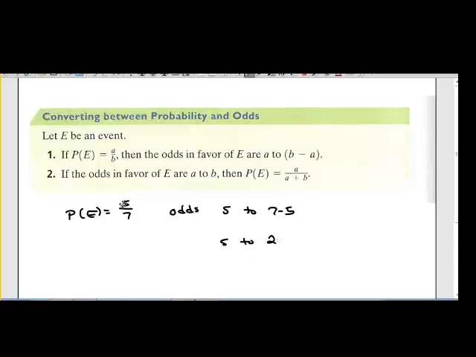Because we have 5 favorable, 2 unfavorable, for a total of 7.